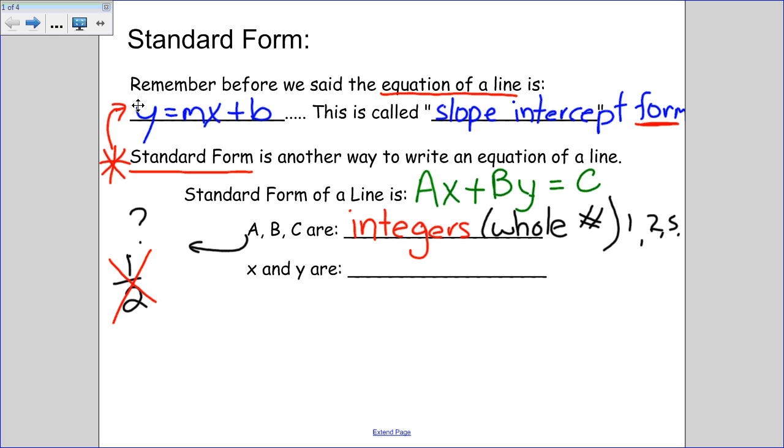A, b, and c are integers. X and y are just variables, okay? And we could plug into them, perhaps, an ordered pair. Okay, we could put in numbers from an ordered pair where we have an x and a y, and that would work, and it would make sense.